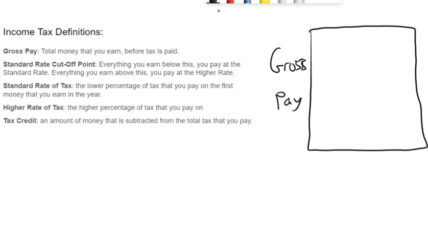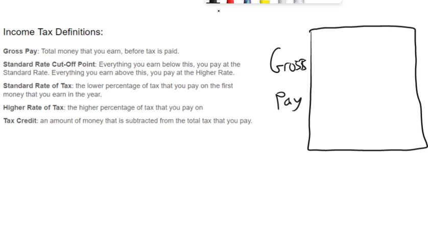So you could earn 50,000, or if you own your own company or a business that's really successful, you might earn something massive like 120,000. That'd be a really big salary to get in a year. So gross pay is everything that you earn before you pay tax. So it's before any tax is paid.